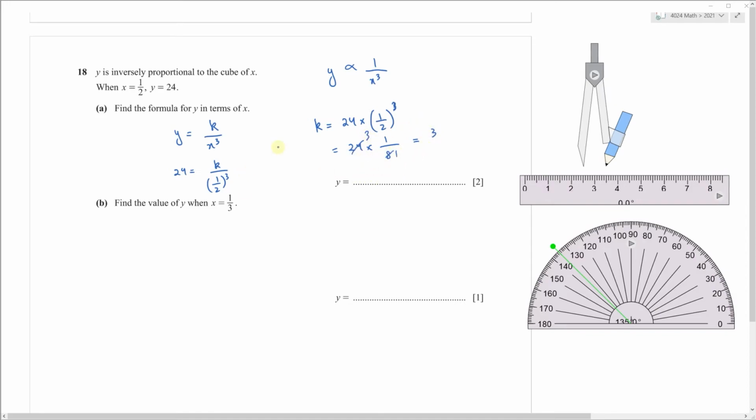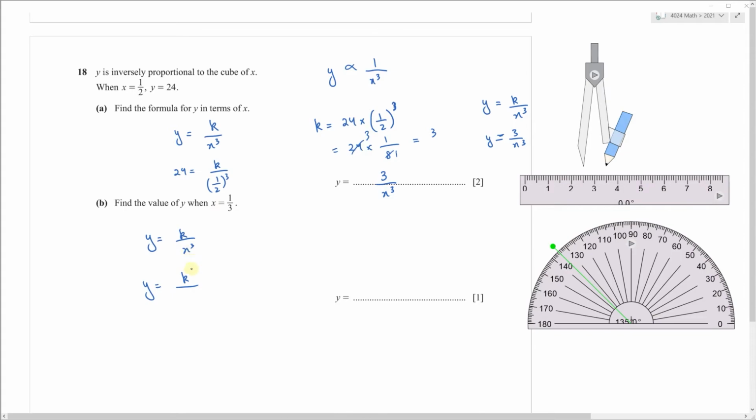So k is 3. So the formula of y in terms of x, which was y equals to k over x cube, will become, I'll substitute the value of k, 3 over x cube. So y equals to 3 over x cube. Find the value of y when x equals to 3. So now you know that y equals to k over x cube. So now we have to find the value of y.